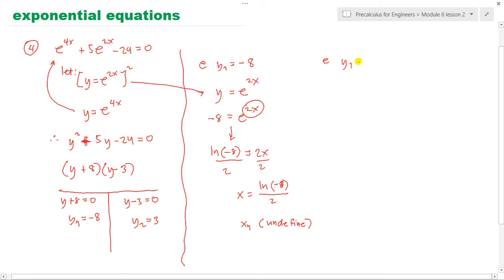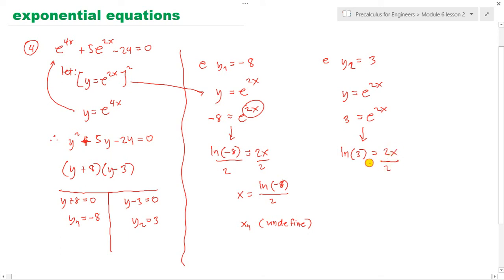How about y2 is equals to 3? So that is y is equals to e raised to 2x. Then y is equals to 3 here, so 3 is equals to e raised to 2x. Convert this one into logarithmic form, that is the ln of 3 is equals to the exponent, which is 2x.